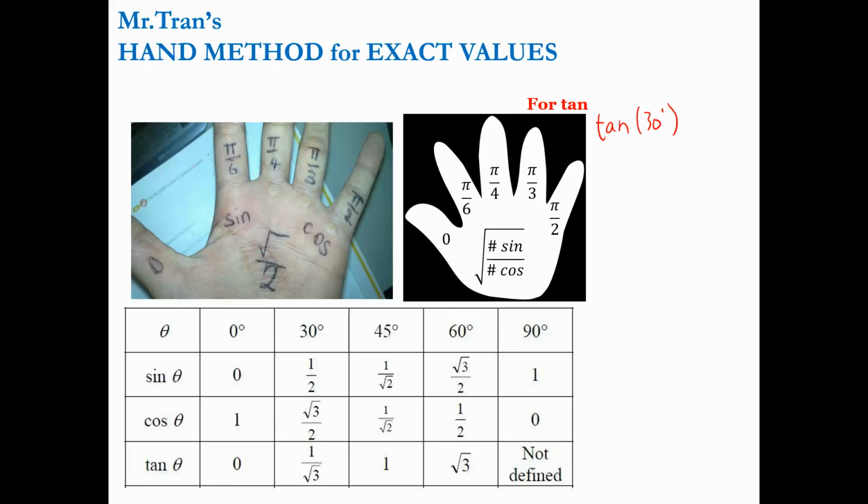So it's 1 divided by 3, and square root both of them. If I write it down, square root of 1 over 3. Now I can split that up into root of 1 over root of 3. What's root of 1? 1. What's root of 3? We can't simplify. So the answer is 1 over root 3, which makes sense. Tan of 30 degrees is 1 over root 3.